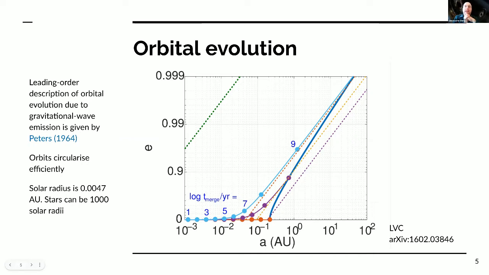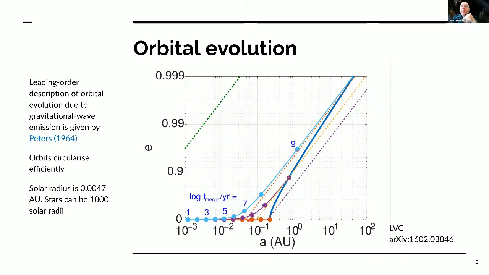Now what this plot here is showing is, as a function of the orbital separation, so this is the semi-major axis of a Keplerian orbit, so this is taking just a very Newtonian picture of the in-spiral times. And here's the eccentricity. And these tracks here show how an orbit would evolve as gravitational wave emission happens.